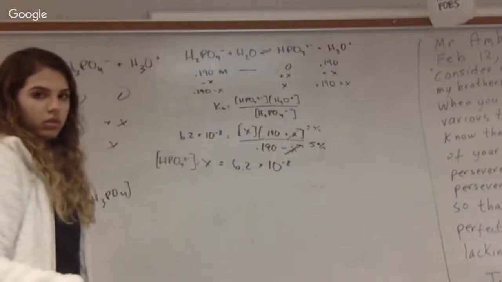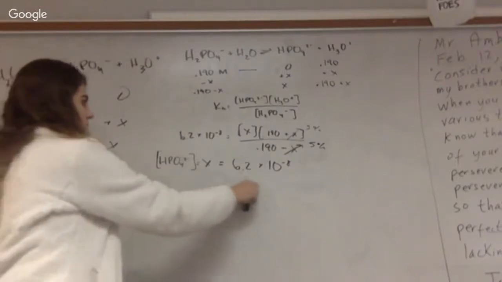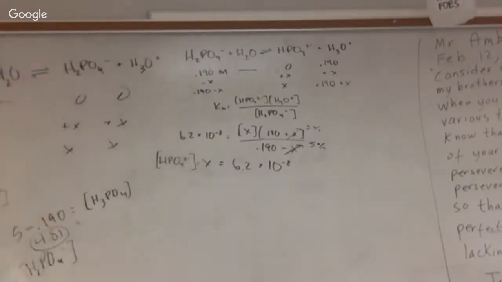So if you take a look at this right here, our H at the very bottom, isn't our X equal to 6.2 times 10 to the negative 8? Now, again, you realize how small that number is, right? Times 10 to the negative 8. So if I were to subtract 0.190 by 6.2 times 10 to the negative 8, that's an incredibly tiny number, an incredibly tiny difference, right?